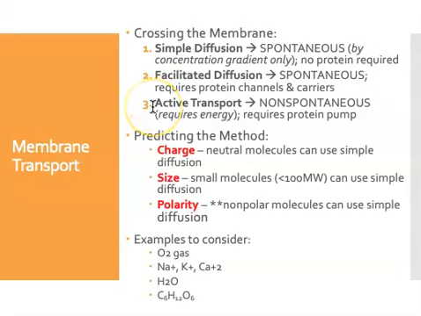Active transport is very different. Active transport is a non-spontaneous process. In other words, active transport doesn't just happen when there's a concentration gradient. Active transport is a process that doesn't get rid of the concentration gradient. It keeps the concentration gradient in place. It works against the forces of nature.